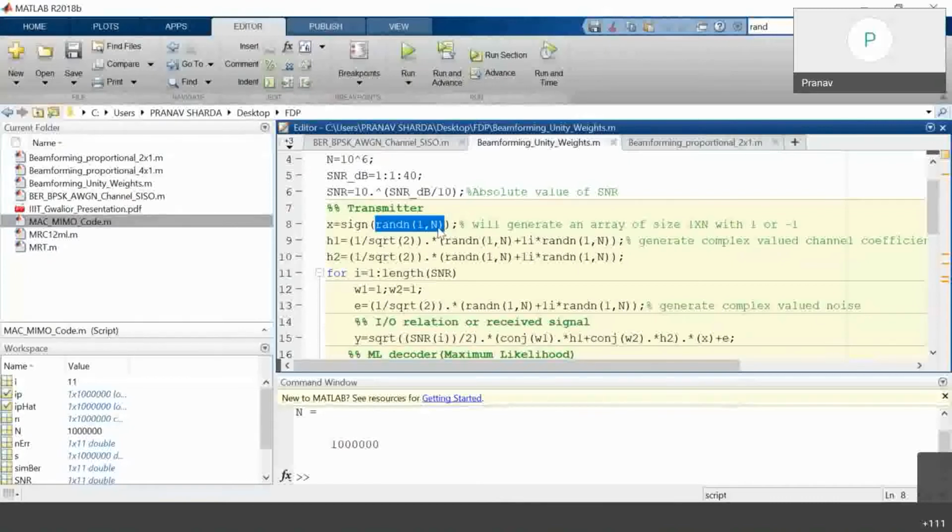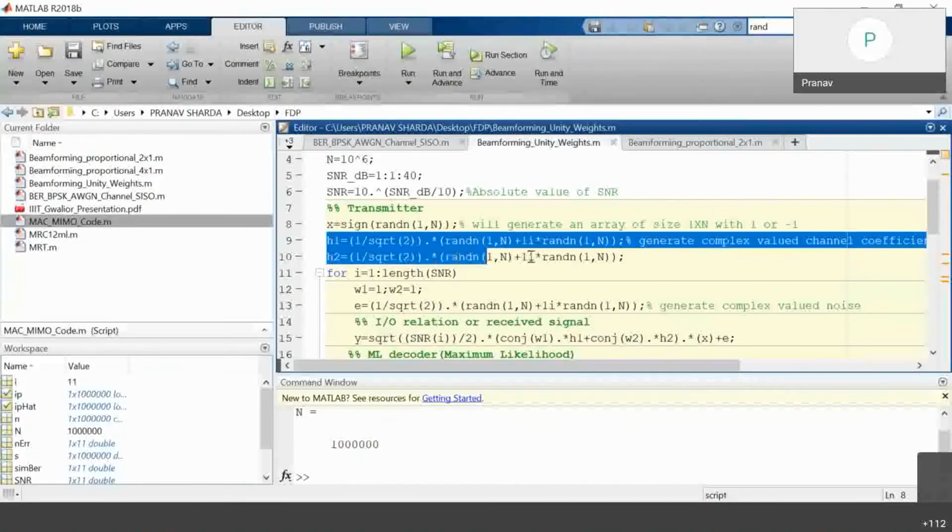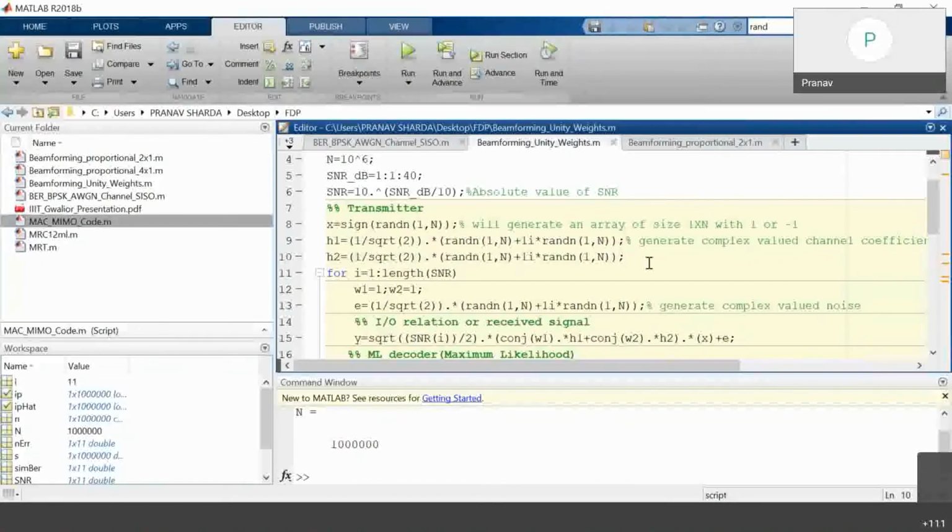So the sign command basically returns the sign of a complex or real value, right? So in line number 8, we are creating a modulation scheme of 1 or -1, what we are interested in transmitting. And then for the 2x1 MISO system, we have two channel gains, right?